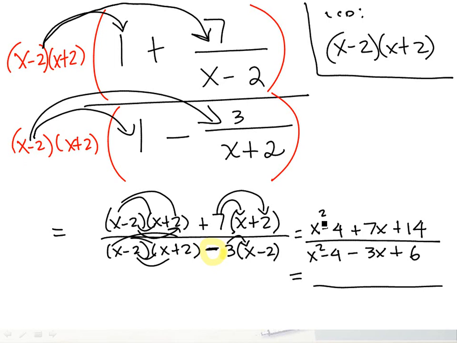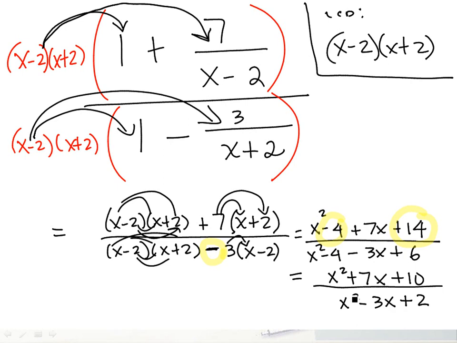Alright, so we have x squared plus 7x plus 10 if you put it in descending order. So the like terms here were this negative 4 plus 14. Take the sign of the higher number. Then in the bottom you have x squared minus 3x plus 2.